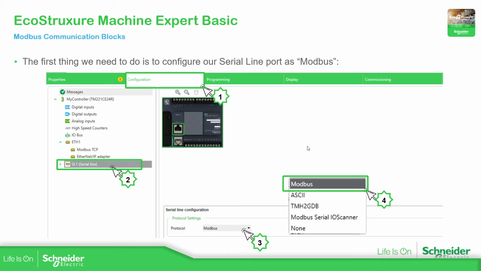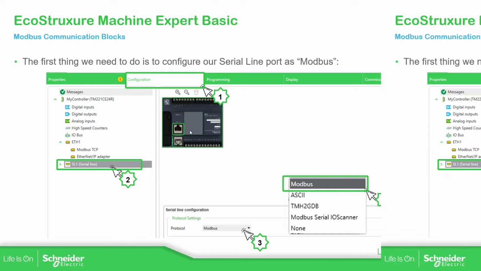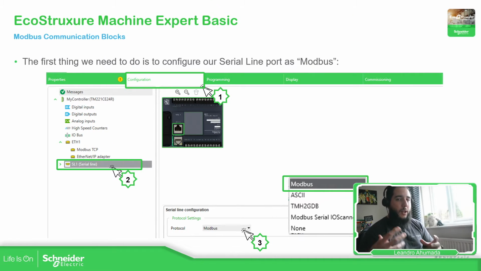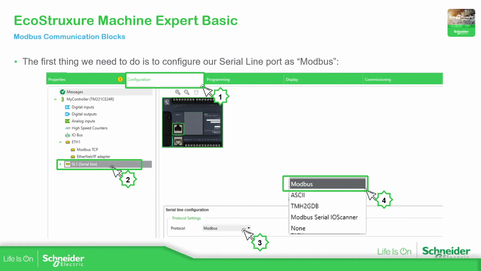Now, in order to make this possible, what we need to do is to configure the serial line on the PLC. I'm not going to explain how to configure the M172, because we are going to focus on the M221. So let's continue.